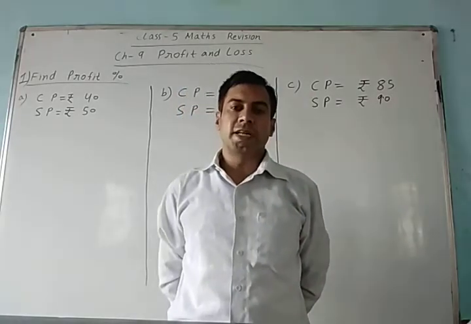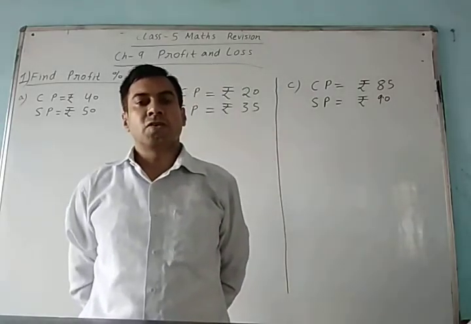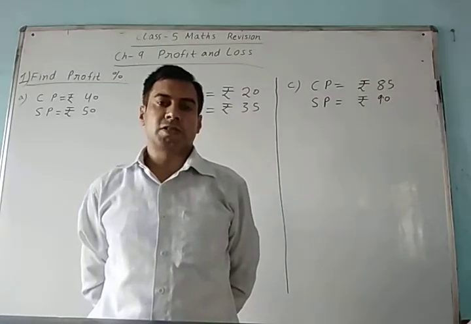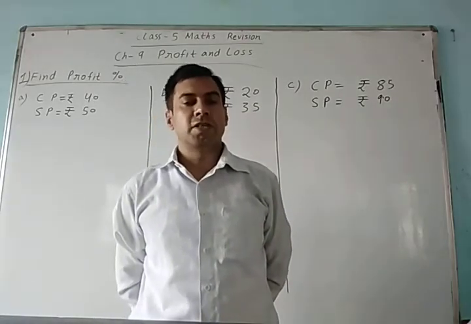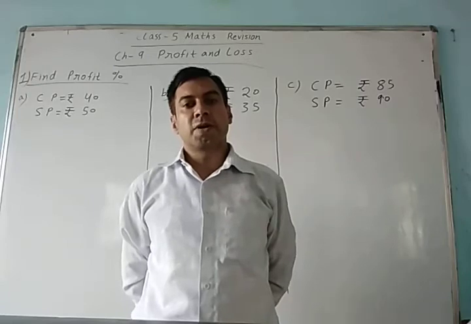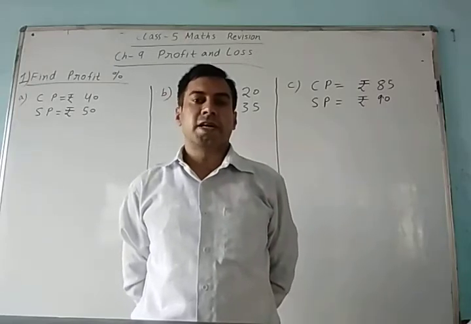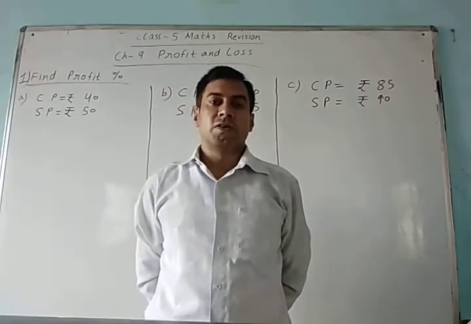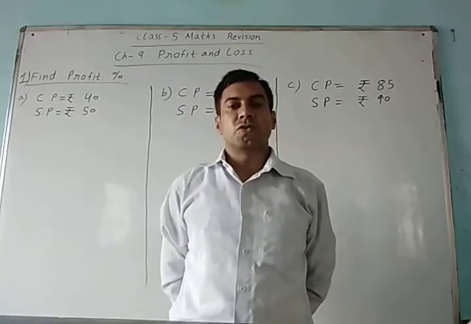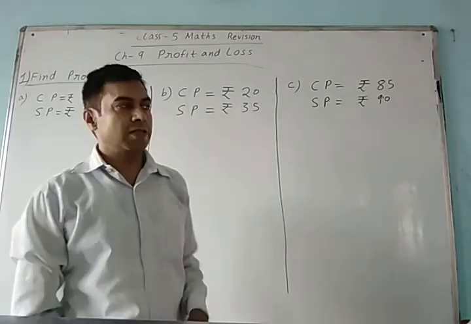And student, when selling price is less than cost price, then it is loss. And how do we find out loss? We subtract selling price from the cost price and we get loss, how much loss it is. So student, now let us start.